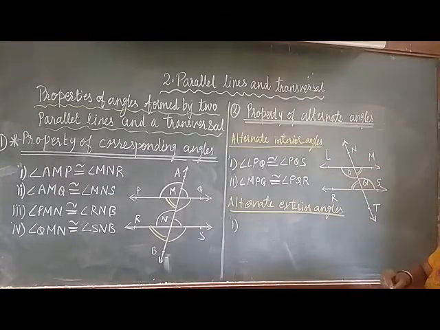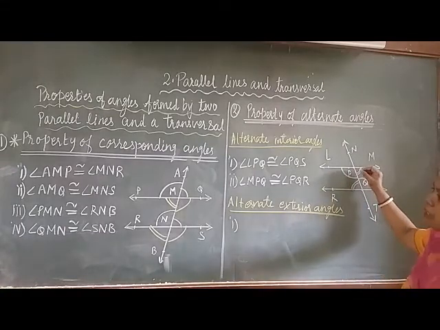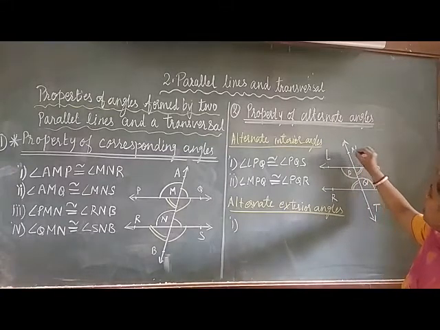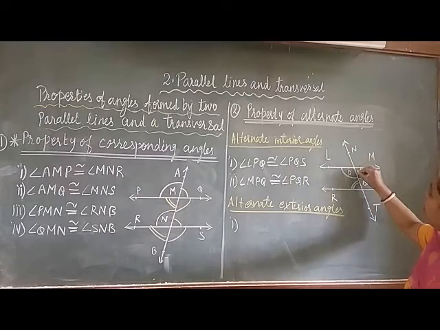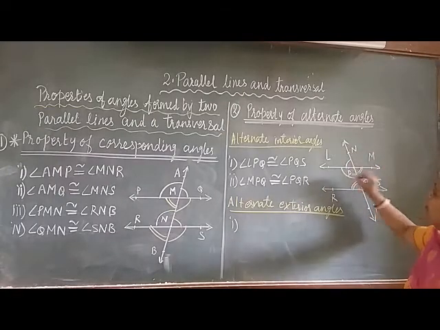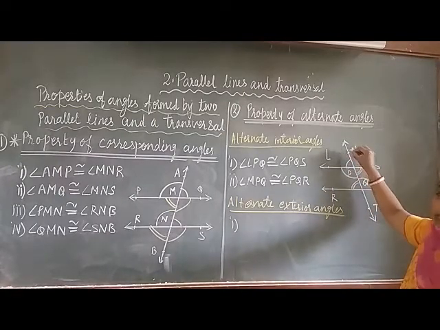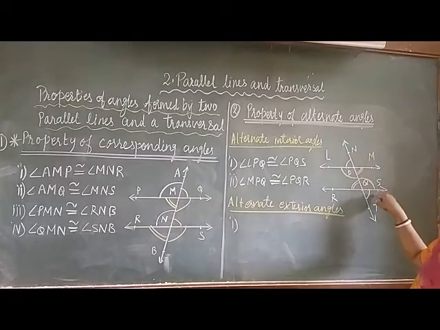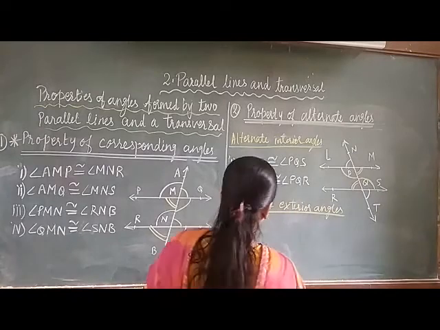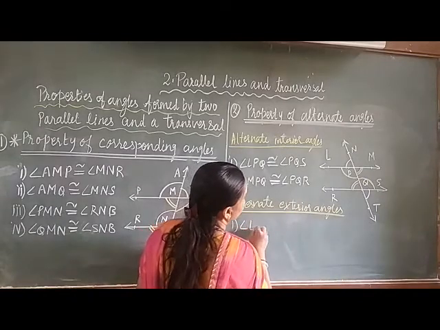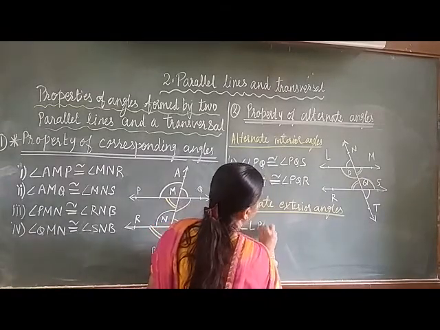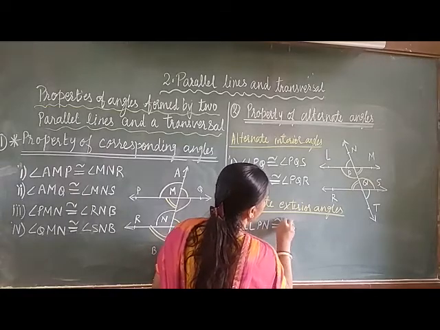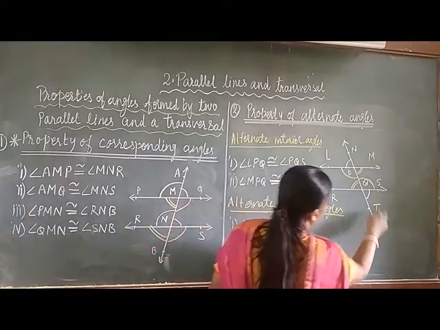Now, suppose I consider the first alternate exterior angle, angle LPN. It is alternate and its pair is angle SQT. Okay? Got it? Angle LPN is congruent to angle SQT.